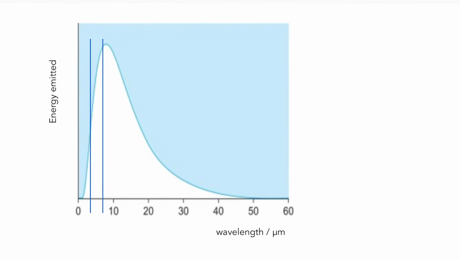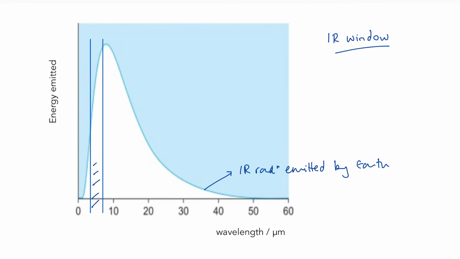Now, you may be aware of something called the IR window, the infrared window. If we plot the infrared absorption that's emitted from the Earth, so this is infrared radiation emitted by planet Earth, we can see that water, as our most abundant greenhouse gas, absorbs most strongly round about these wavelengths, so that corresponds to water.